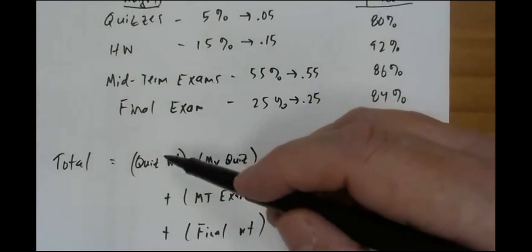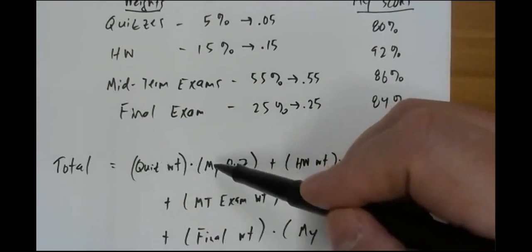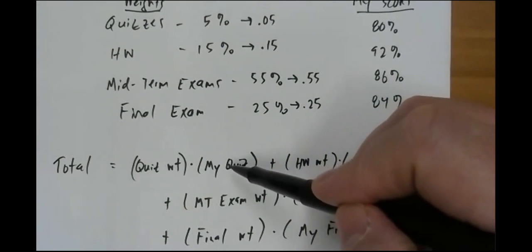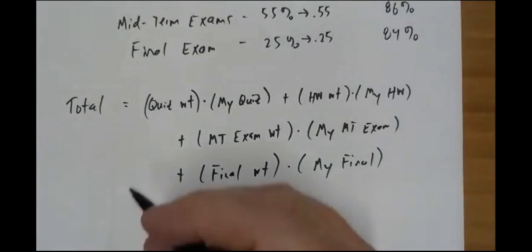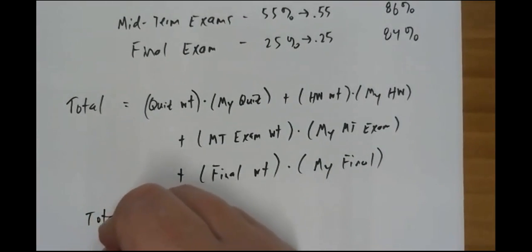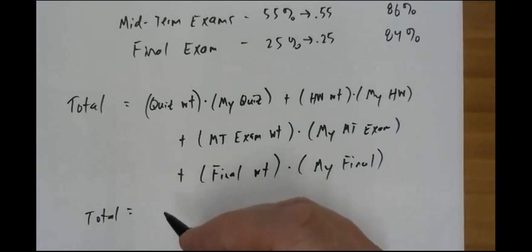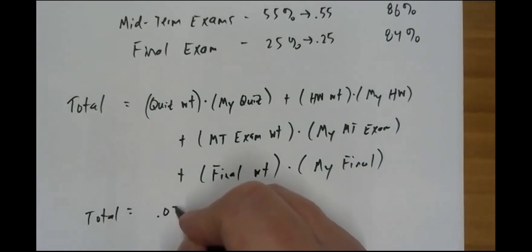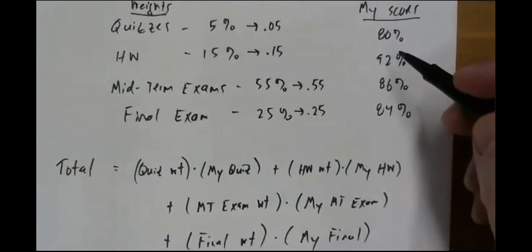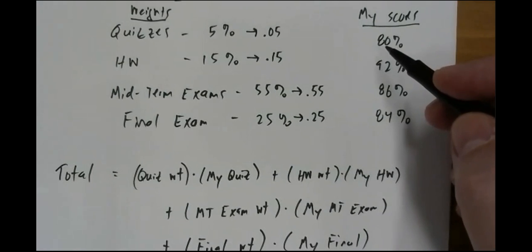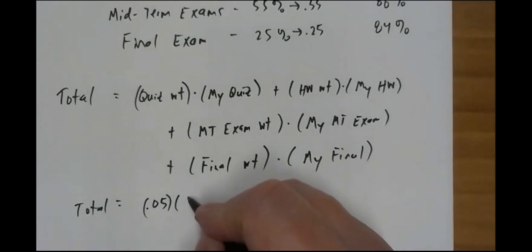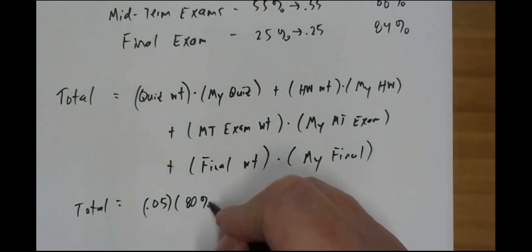So this says, take the quiz weight and you multiply it by my quiz score. So the quiz weight is 0.05. My quiz score in the class so far, I'm getting 80% on my quizzes. So I just plug in an 80%.